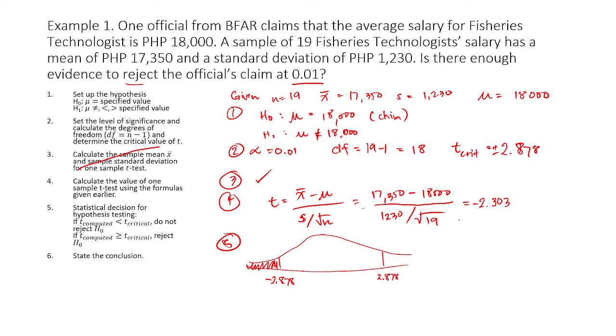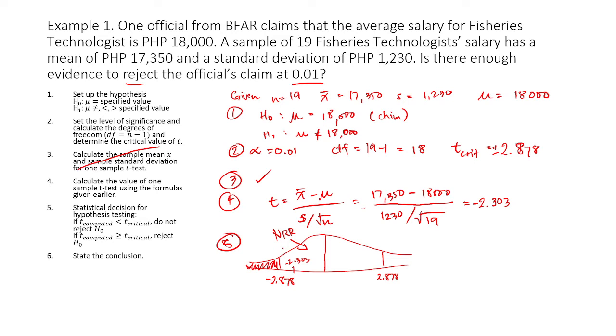So kung ilocate natin class yung negative 2.303, actually magpo-fall siya within this line. So kung makikita nyo class, nasa loob siya ng tinatawag nating non-rejection region. Ang ibig lang sabihin yan, we do not reject the H0.